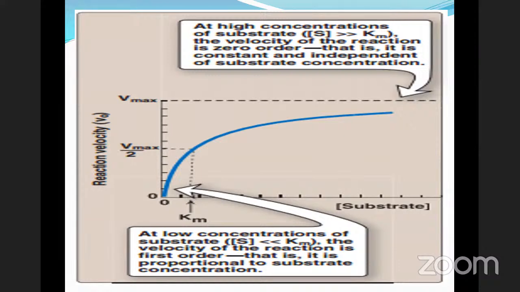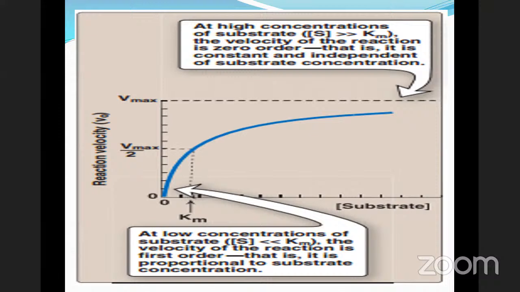So you have your reaction velocity and your substrate. If your substrate concentration is low, or so much less than your Km, the velocity of the reaction is first order. What does this mean? It is proportional to substrate concentration.